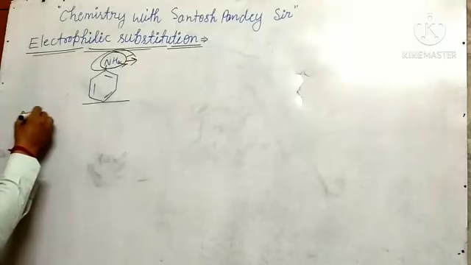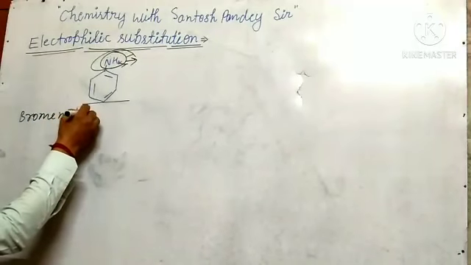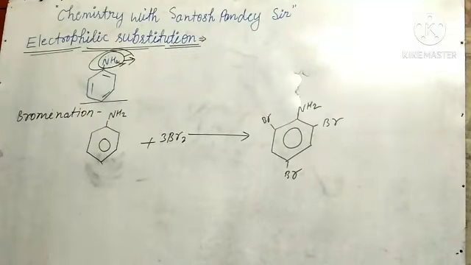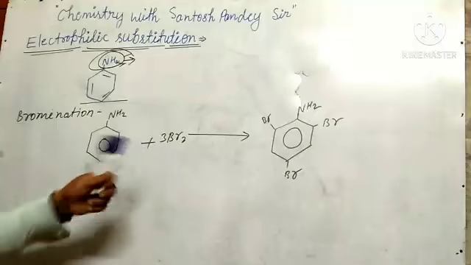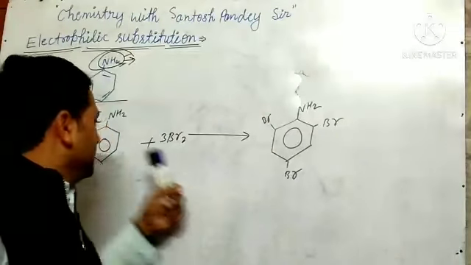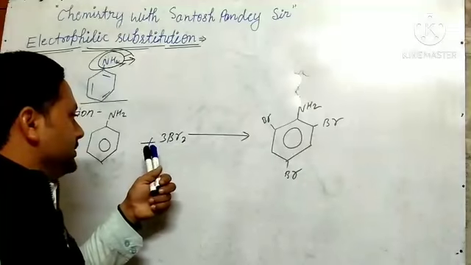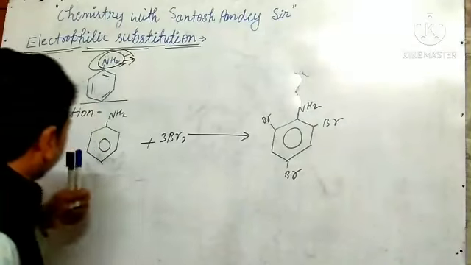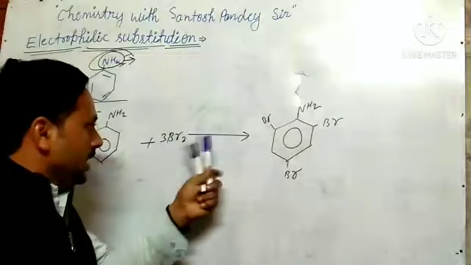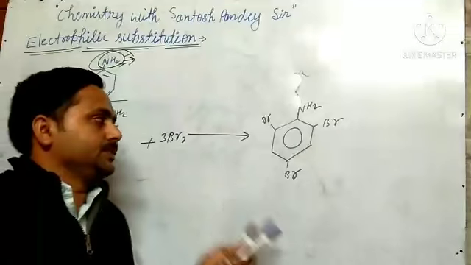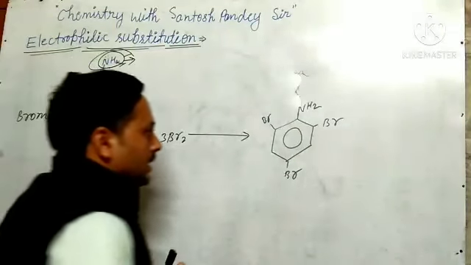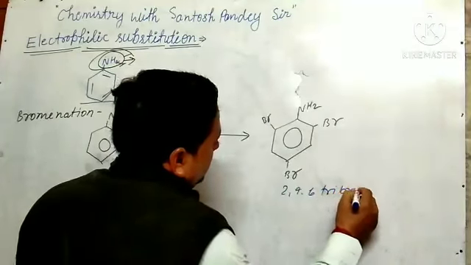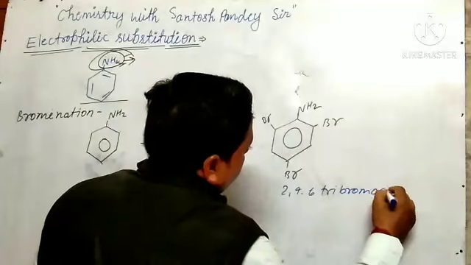Aniline reacts with bromine at room temperature to form a white precipitate of 2,4,6-tribromoaniline.